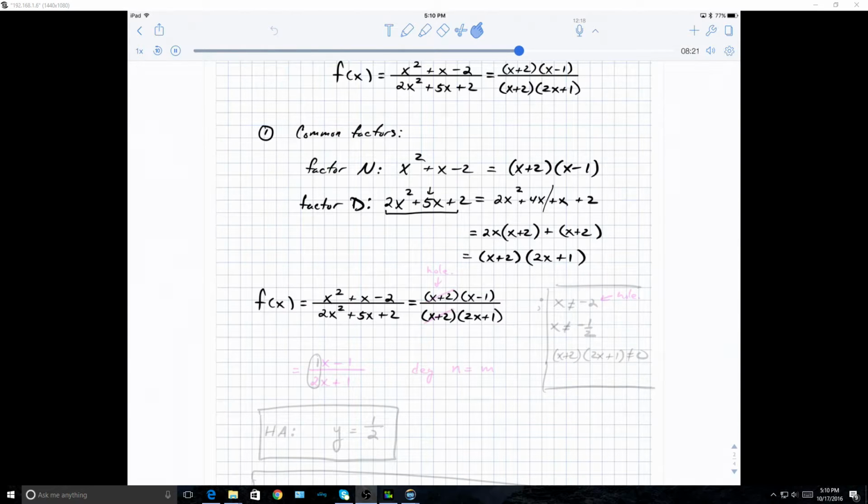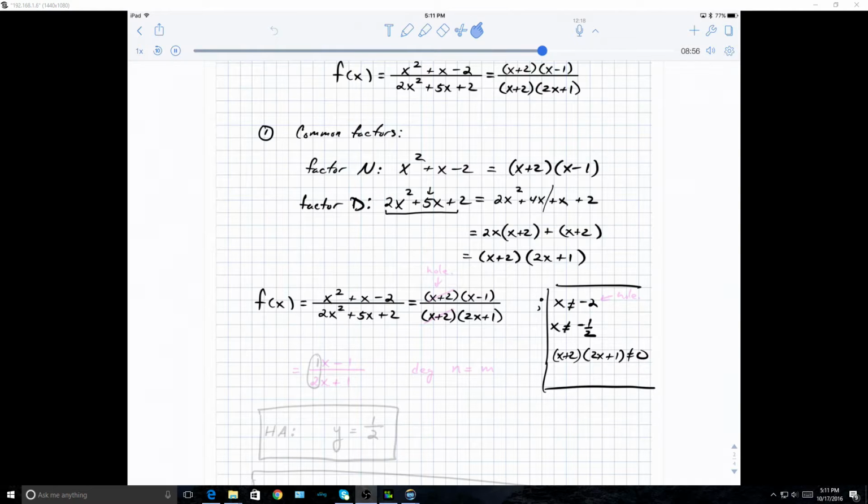Now it's clear to see that x cannot be equal to negative 2, and we also know that x cannot be equal to negative 1/2. We just used the zero product property, so we let the denominator, x plus 2 times the quantity 2x plus 1, not equal 0, and solved each factor out.